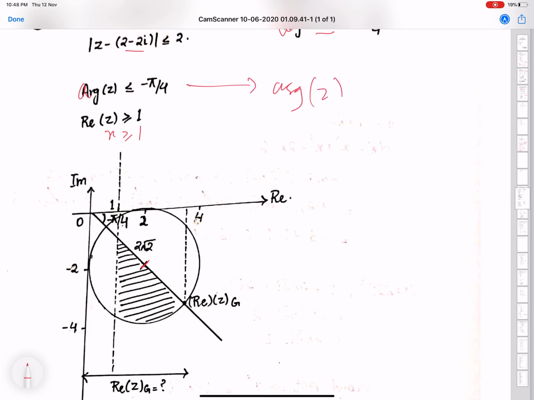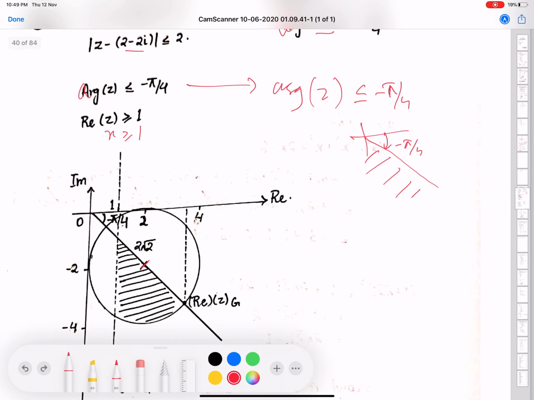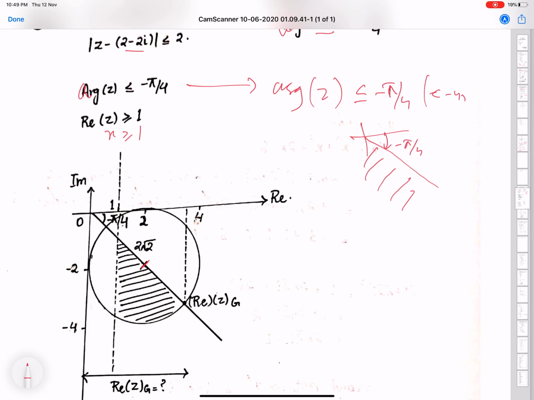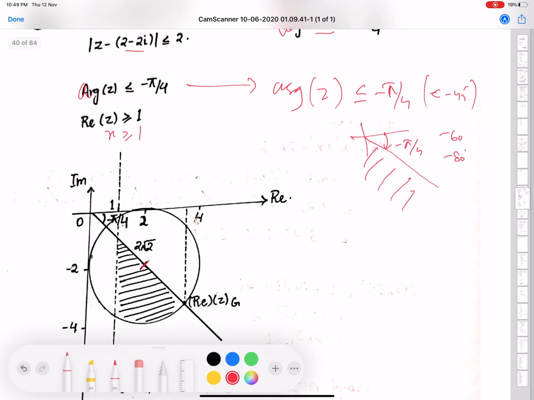So if this is minus pi by 4, then you need to shade this part. Less than means less than minus 45, like minus 60, minus 80, these things.